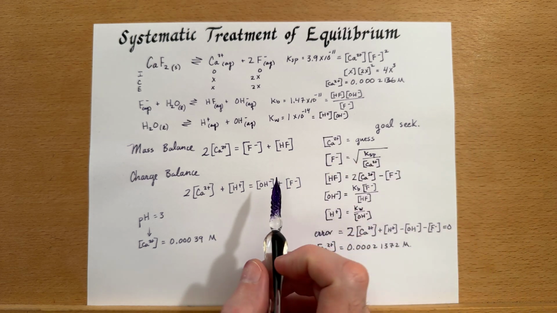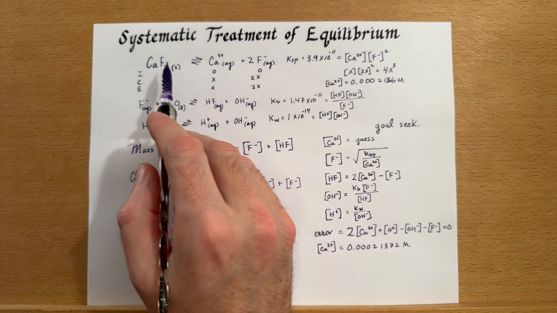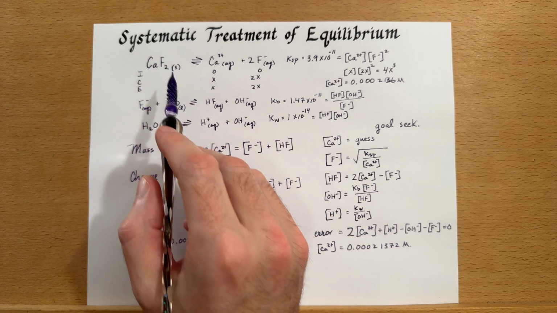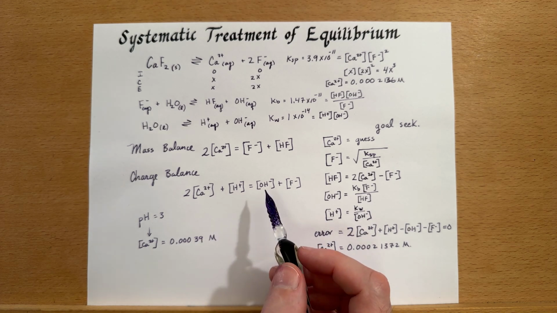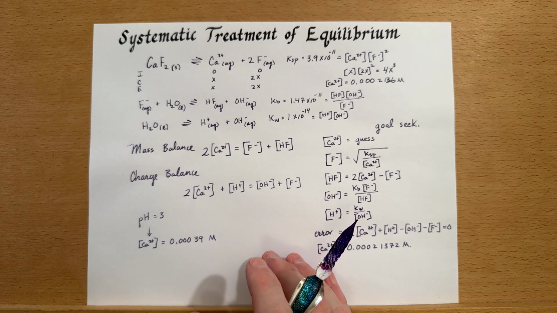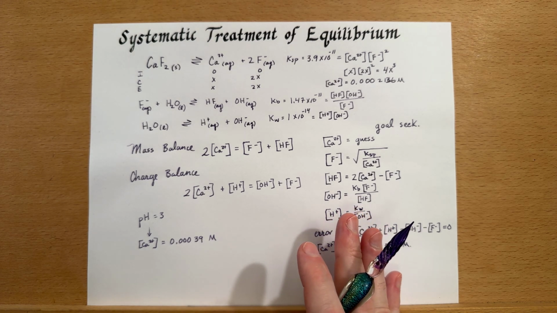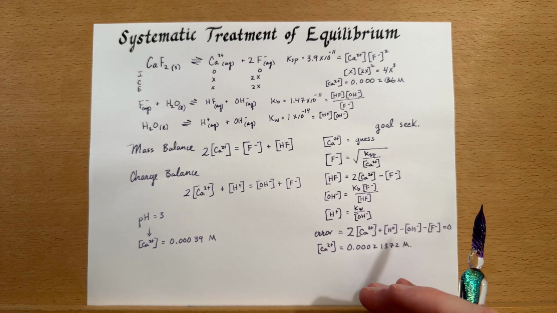Writing out a mass balance equation, relating hopefully a few of the pieces to each other, and writing out a charge balance equation. After you have all of those correct and written down, it is possible to solve a system of equilibria.